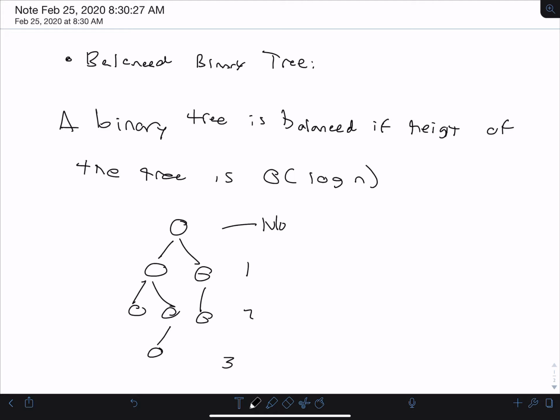Okay, so that's good that you guys are not sure about that, because it really depends on what you define as a height. If you consider a tree of nothing to be height 0, and then you consider a single node to be height 1, then this would be height 2 like this, and then height 3 would be like this, and then yes, this would be height 4.